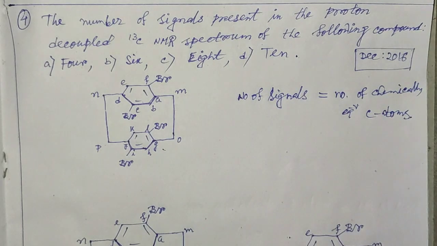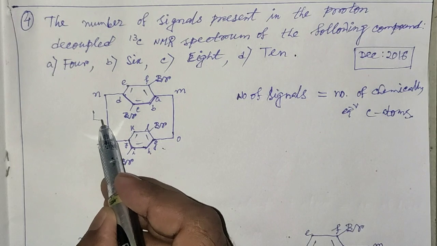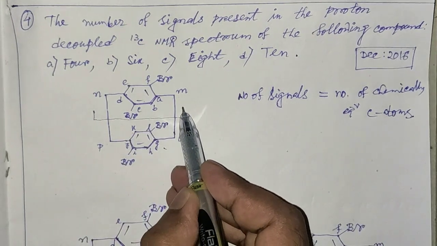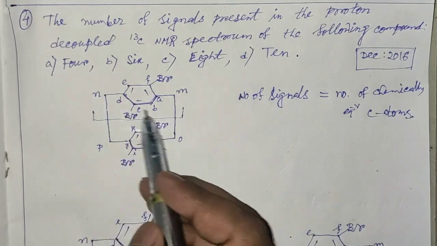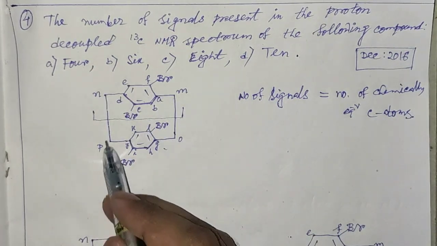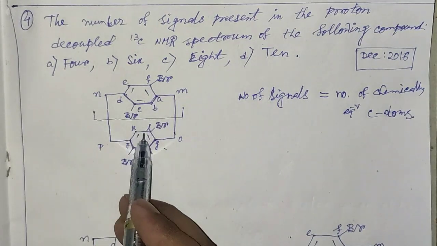Now we have to calculate how many chemically equivalent carbon atoms are present within the molecule. To calculate this number, we have to see how many sigma planes are present within this molecule. We can easily see that there is a sigma plane which passes like this and bisects the above portion from the below one, and the above portion is a mirror image of the below one.